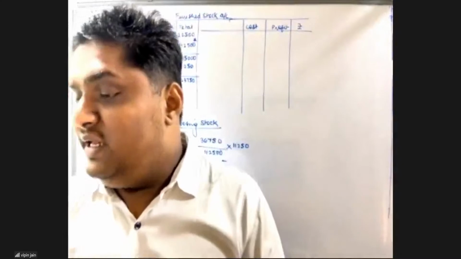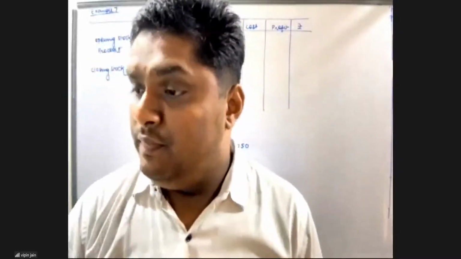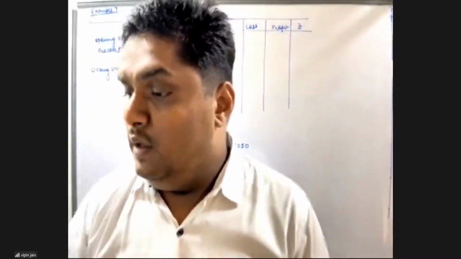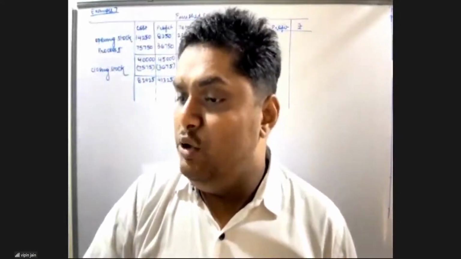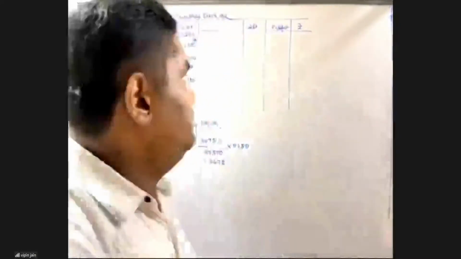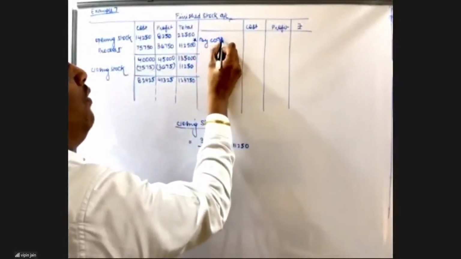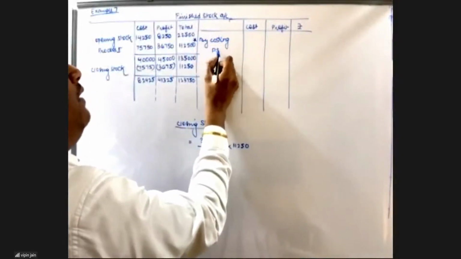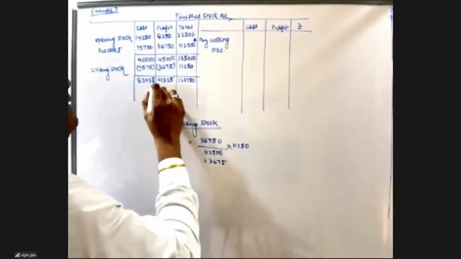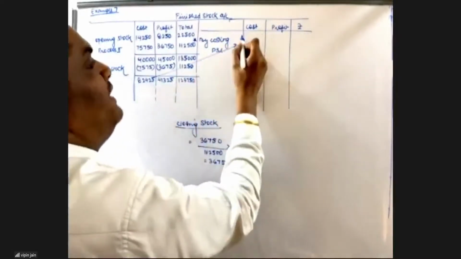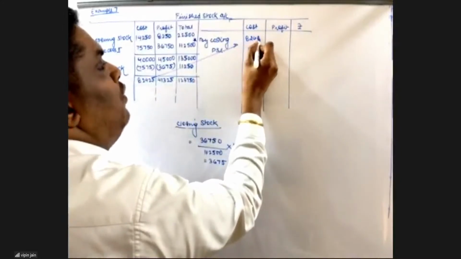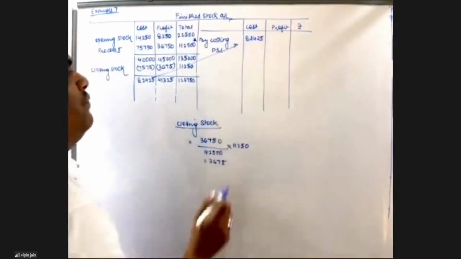Now, it is given in the question that the sales during the period were 1,40,000. So by costing P&L, my cost will remain the same, that is 82,425.